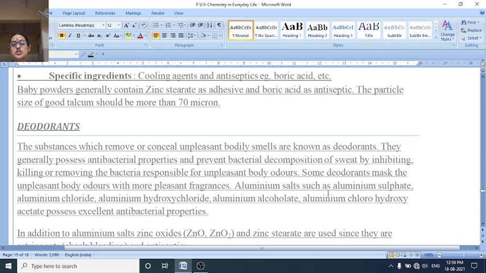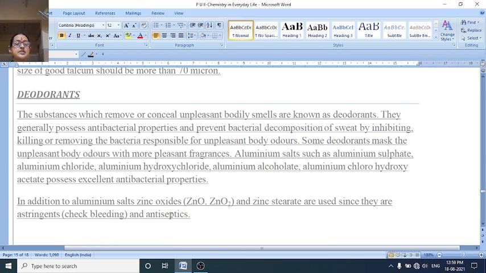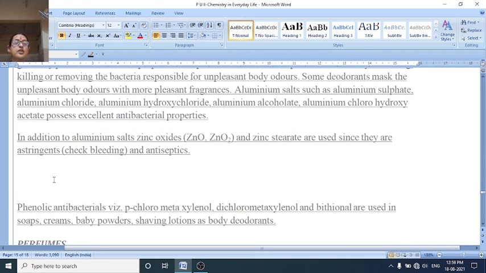Aluminium salts such as aluminium sulfate, aluminium chloride, aluminium hydrochloride, aluminium alkylate, then aluminium chlorohydroxyacetate possess excellent antibacterial properties. In addition to aluminium salt, zinc oxide and zinc stearate are used since they are astringents. They check bleeding and are antiseptics.